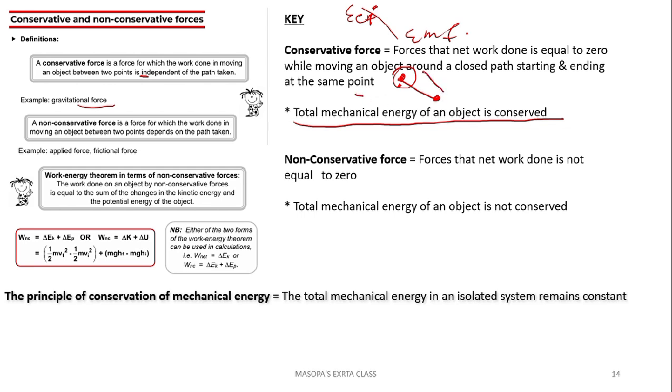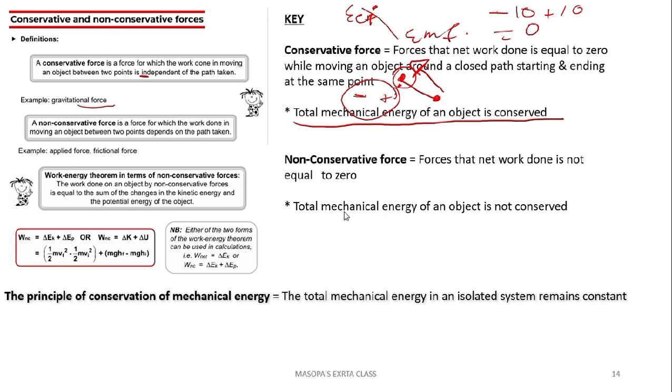And where the object goes up, we get a positive work done by gravity. When we add them, we must get 0, because we're adding negative 10 plus 10, and we get 0 net work. That is the work done by a conservative force.